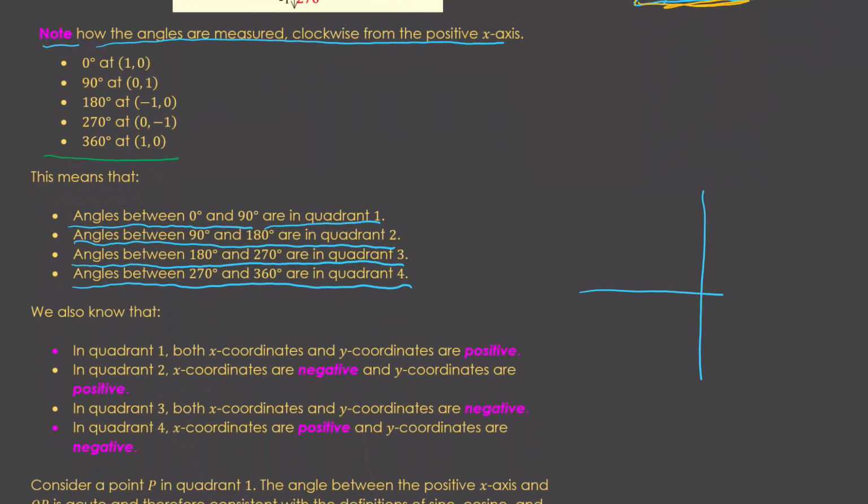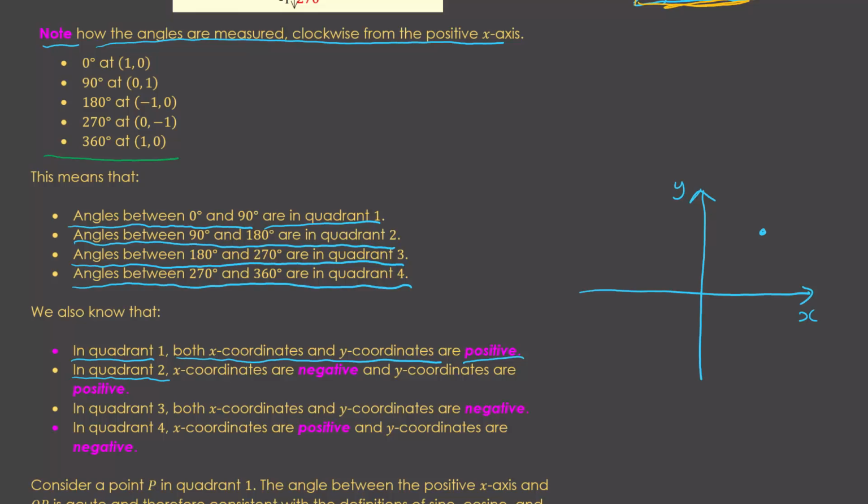Now let's just draw some axes so I don't have to keep going up and down and looking at that unit circle. In quadrant 1, both x coordinates and y coordinates are positive. So if we have a point here, the x coordinate and the y coordinate are positive.